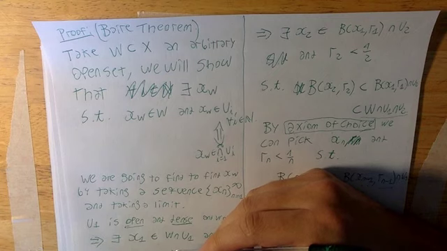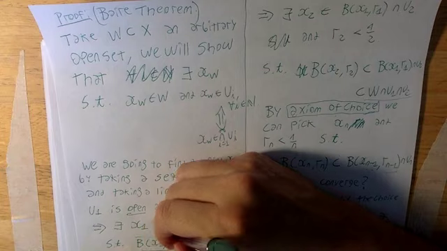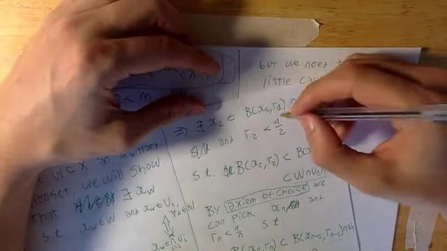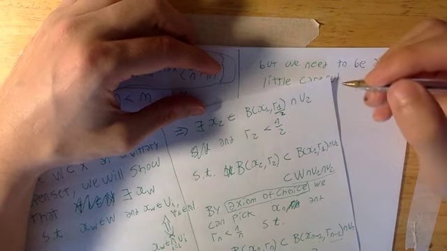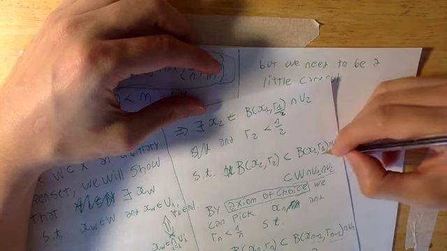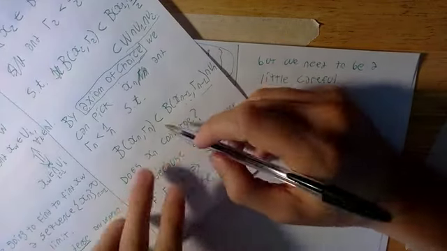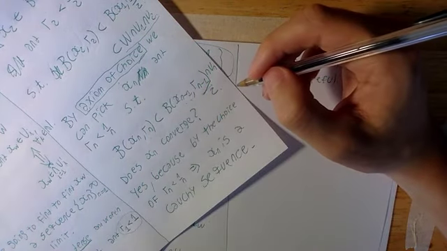There are a couple of ways of doing this. One way is by taking the closure in each one of these things, and another is by saying, well, there exists x2 in the ball, with radius divided by half. Now the ball of x2, r2 is divided by this, and here instead of taking B of xn minus 1, rn minus 1, I take it divided by 2. So the same construction follows.